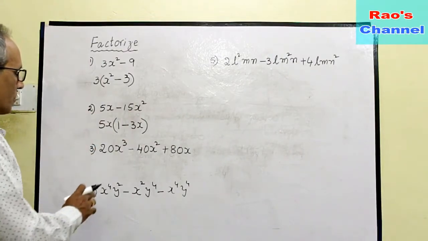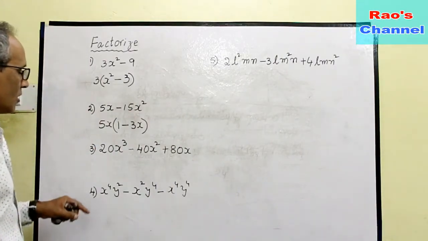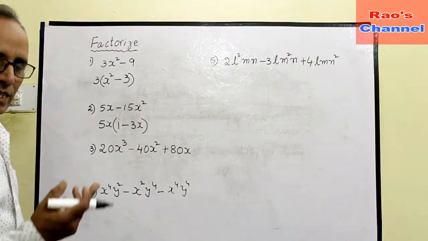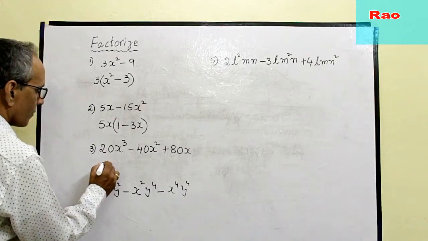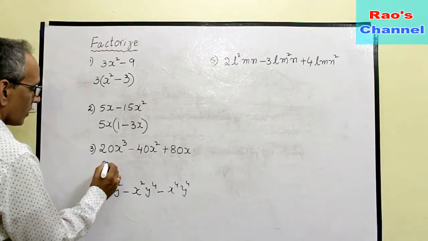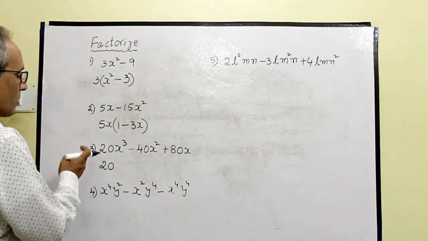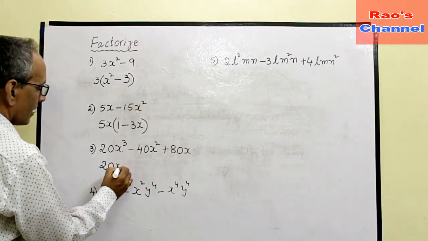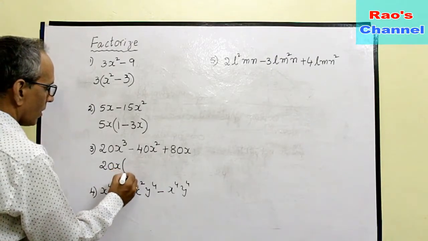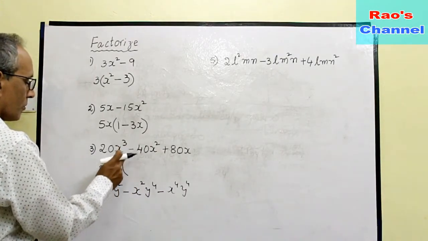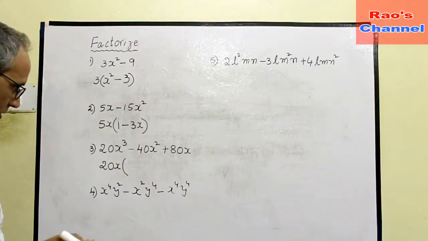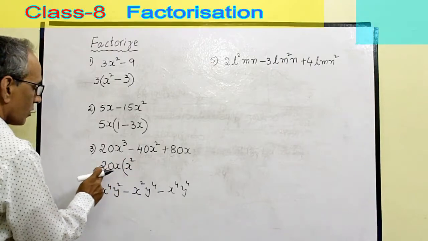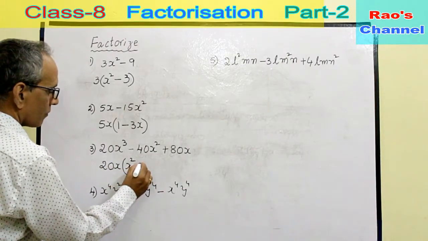Clear? Now, in this trinomial, see the numerical coefficients 20, 40, 80. Of course, they are multiples of 20, so 20 is obviously the H.C.F. So 20. If we come to the variable, let's see the least power, 1. So 20x is the common factor or H.C.F. Out of x cube, we took x as one of the factors, so remaining x square. Out of 40, 20 is the common factor, so the rest is 2.